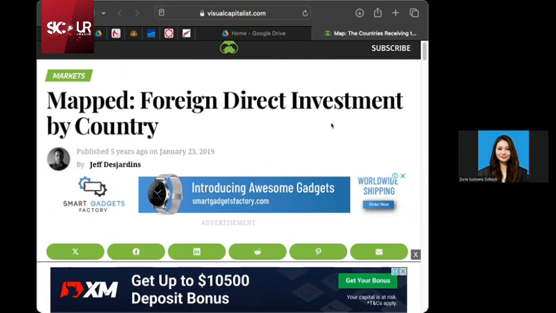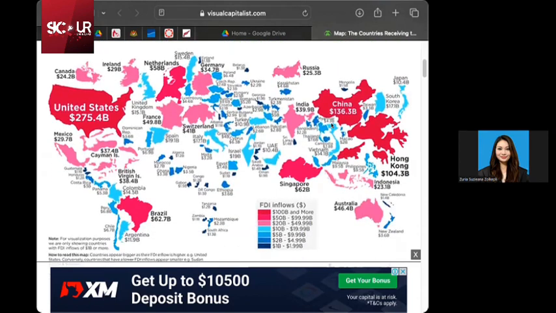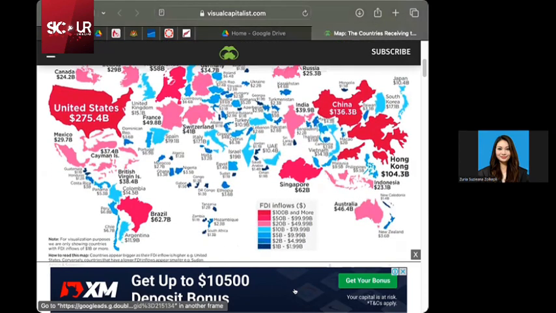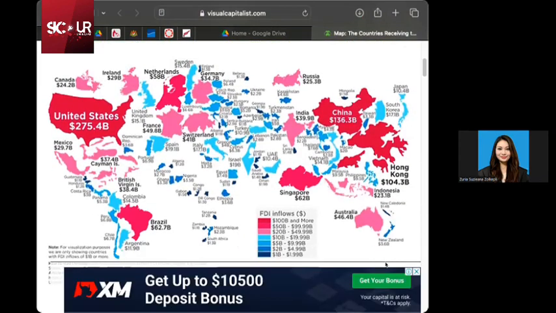Okay, this is foreign direct investment by country. You can see the legends here. The red one means that this is FDI inflow, very high FDI.